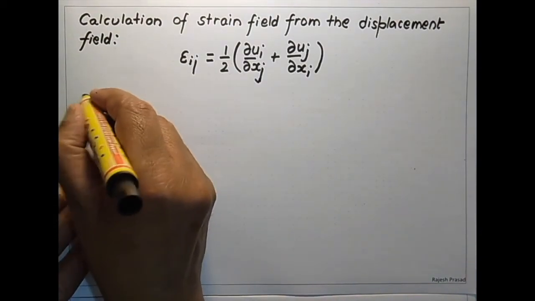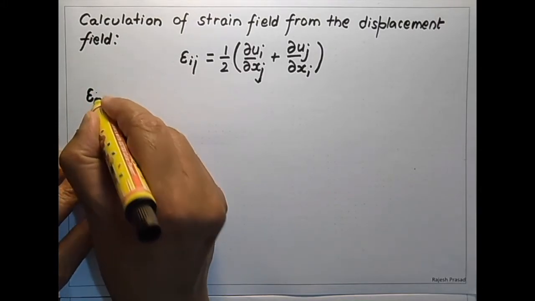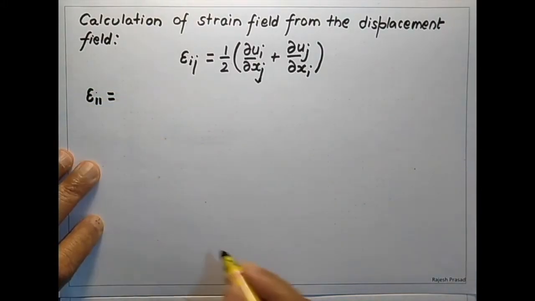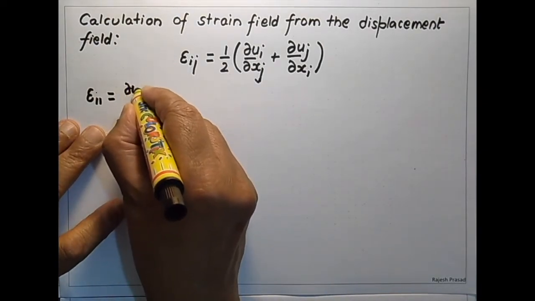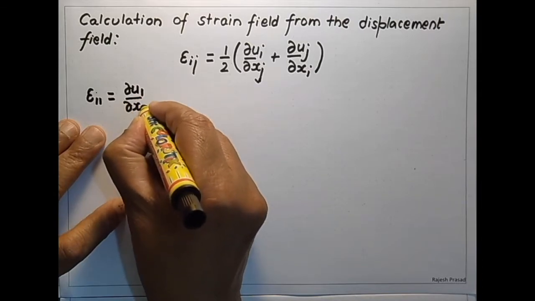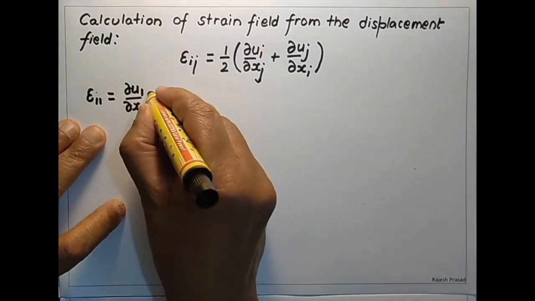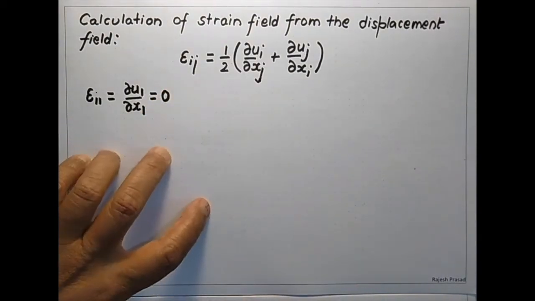So now I can find my various components. So epsilon 11 will be del u1 by del x1, but remember we found u1 to be 0, so this strain component is 0.